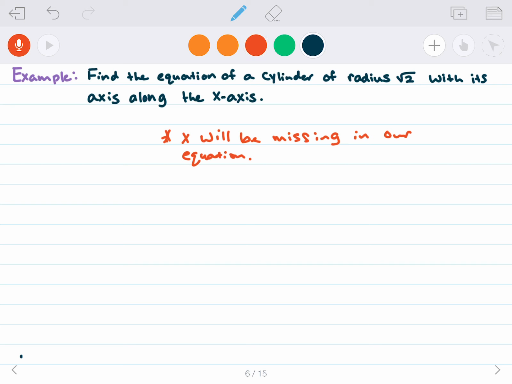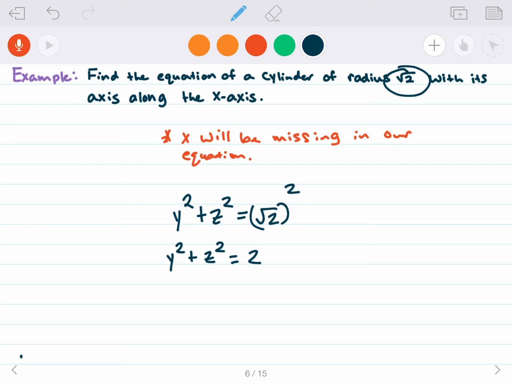Since x is missing, the only variables left are y and z. So we have y squared plus z squared is equal to the radius, which is square root of 2, squared. So this is just going to be y squared plus z squared equals 2 when I square that square root. So that is our equation of the cylinder, with radius root 2, and its axis is along the x-axis.